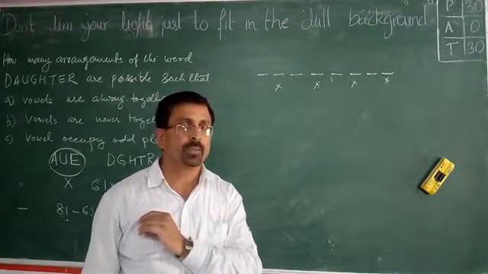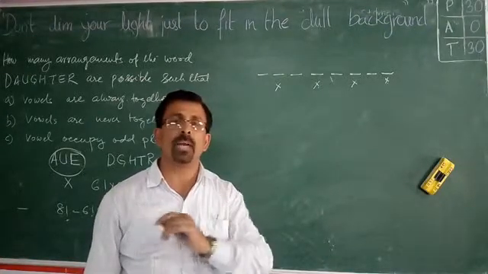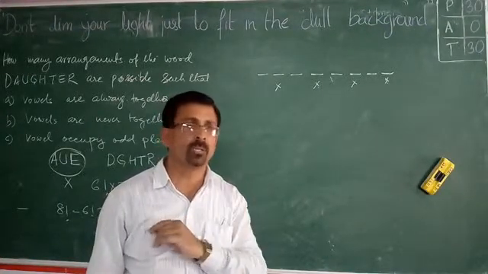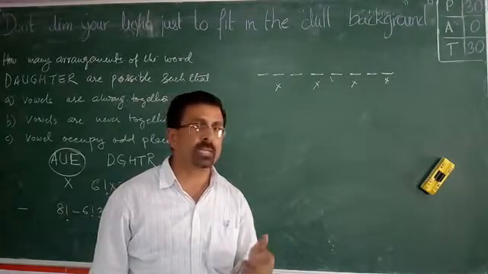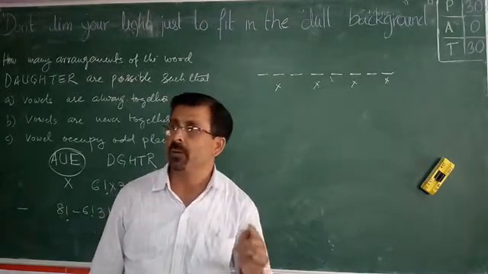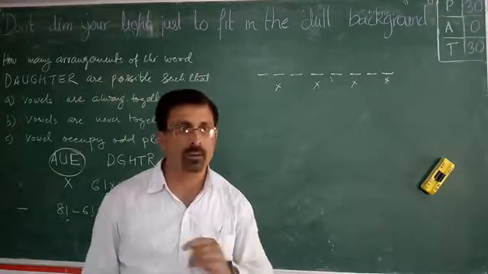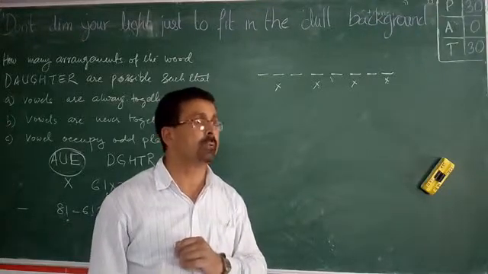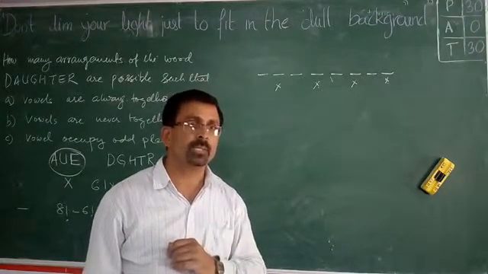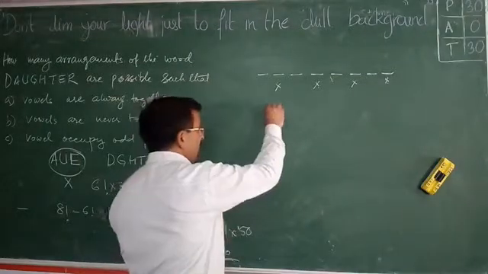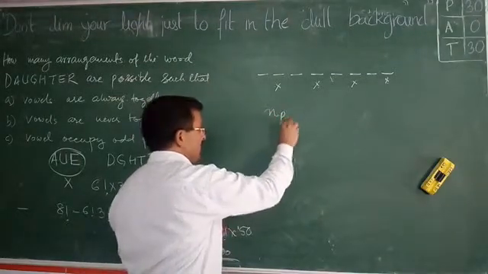In that case, we will go for another method of calculating the permutation, which we have done, and that is using the formula of nPr. That nPr will help us here.